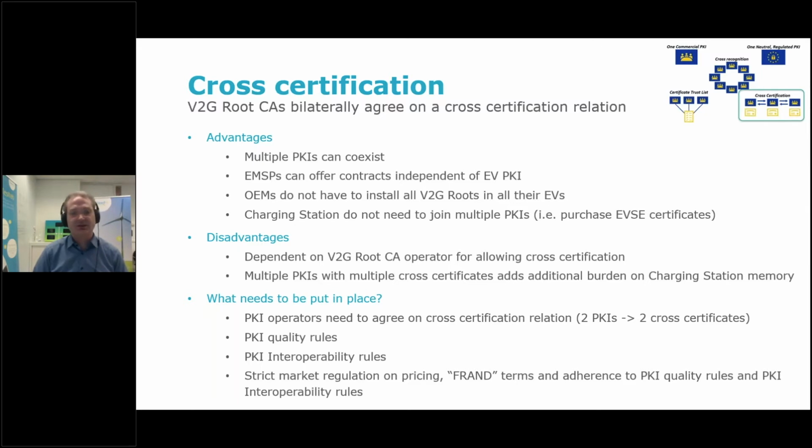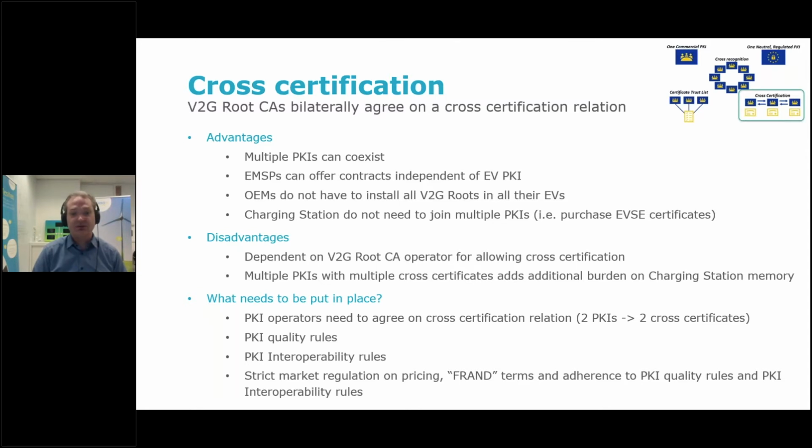This is one where you can also have multiple PKIs that can coexist. In this case, we do not have the V2G Root CAs all installed in the car, but the V2G Root CAs bilaterally agree on cross-certification. So the interoperability is not handled in the car, but outside, between the V2G Root CAs.